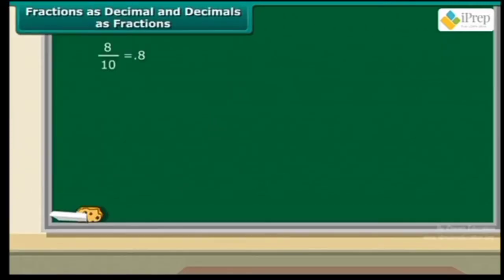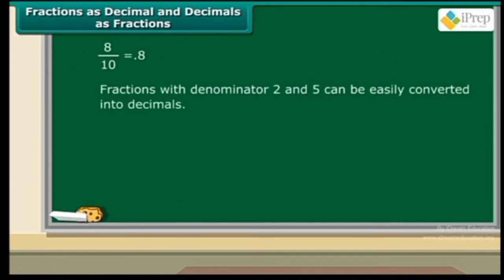Know that a fraction with denominator 10 can be represented using decimals. Now let us learn to convert fractions with denominator 2 or 5 into decimals. Take the example of 12 upon 5. First, convert the denominator of the fraction into 10 in order to know how many tenths are involved.